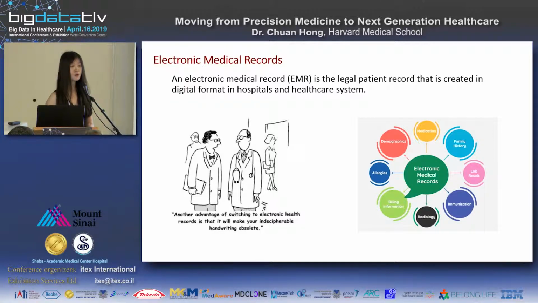As we all know, EMR is a digital version of patients' medical records in hospital and healthcare systems. It contains a wealth of clinical information, including diagnosis codes, demographics, medication, lab results, and family history. I found this interesting cartoon online.